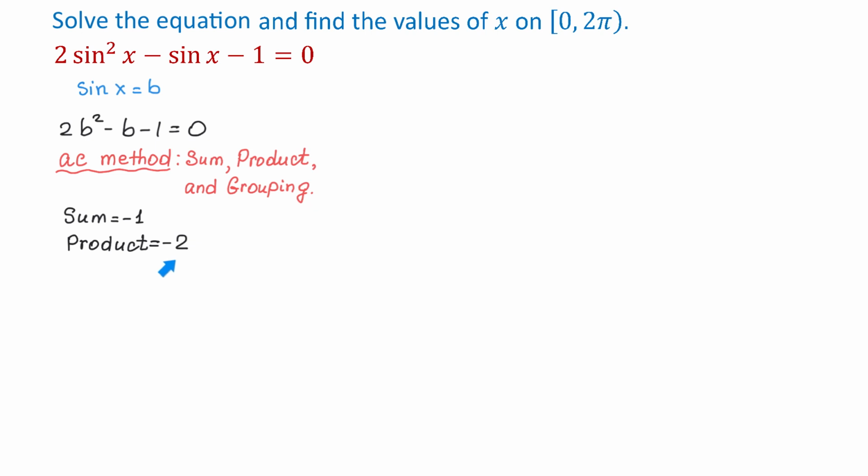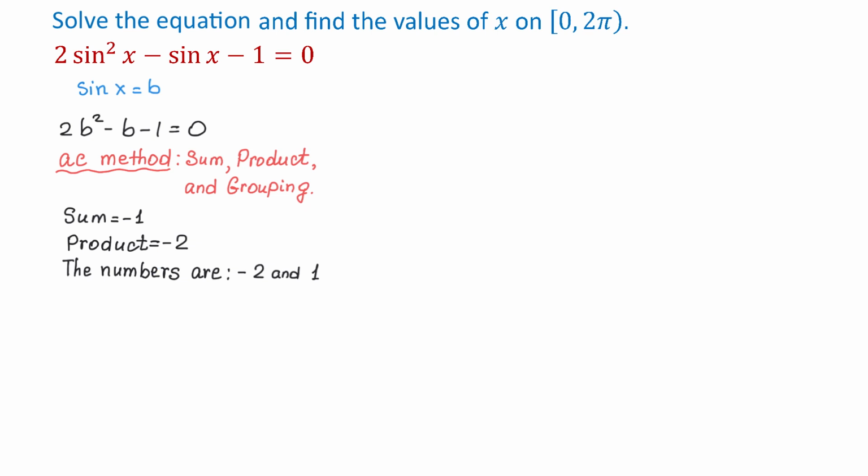And we get -2 by multiplying 2 and -1. Then the two numbers whose sum is -1 and whose product is -2 are -2 and +1. So -2 plus 1 is -1, and -2 times 1 is -2.